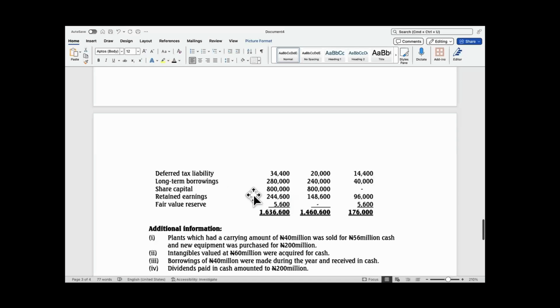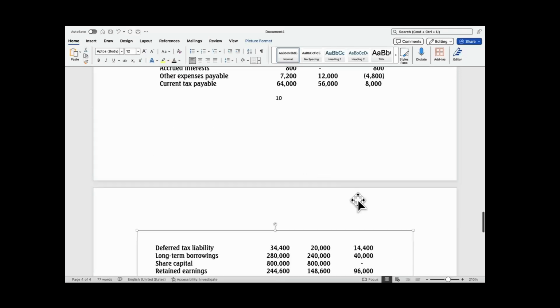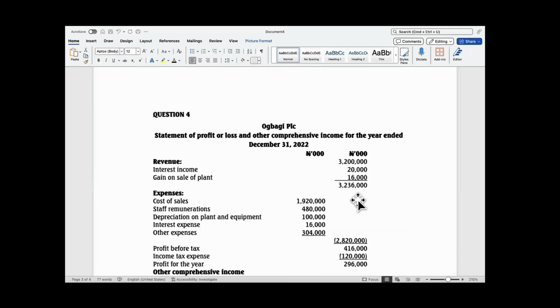Which was the additional information one, that they sold it for 56 million. That's the cash element. You see this gain, you ignore. You always find it in most corrections in cash flow. You ignore them. They are non-cash items. If I was using indirect method, I would have added this one back because it's non-cash. But for direct, I love direct. It's so straightforward. For direct, this gain, I ignore it.